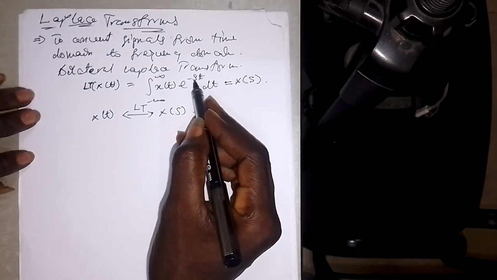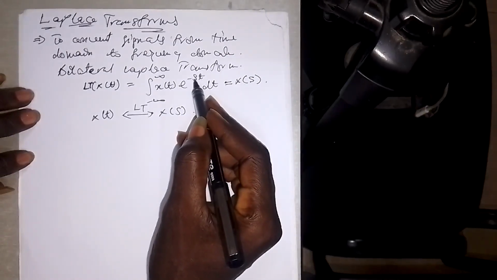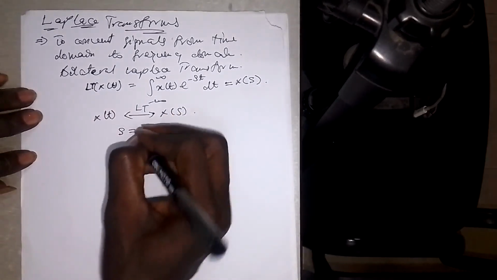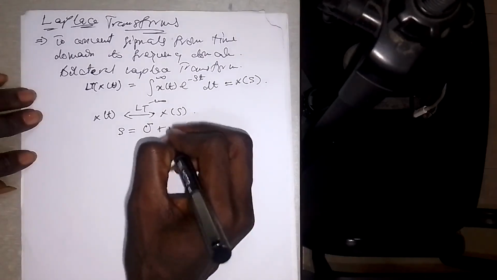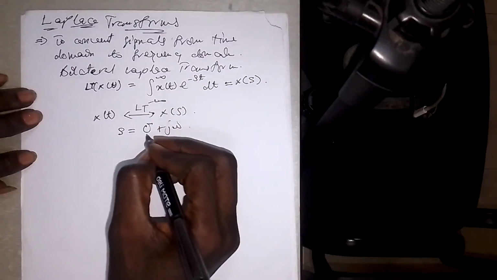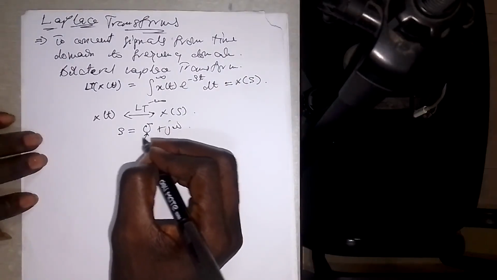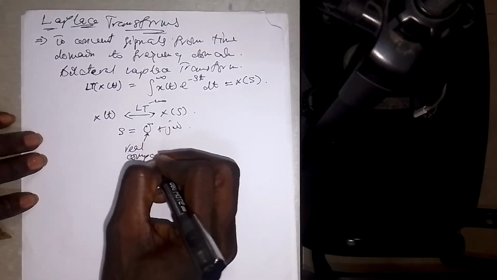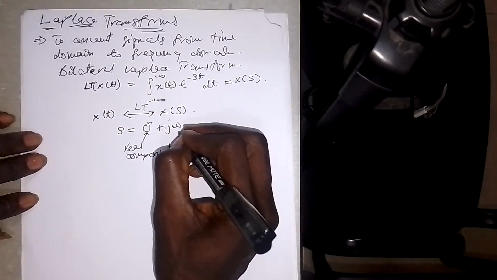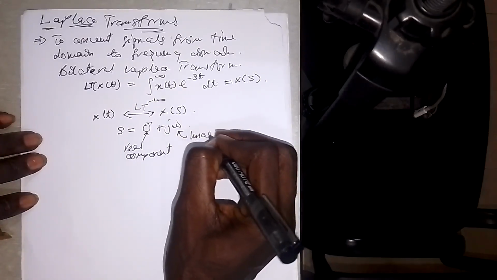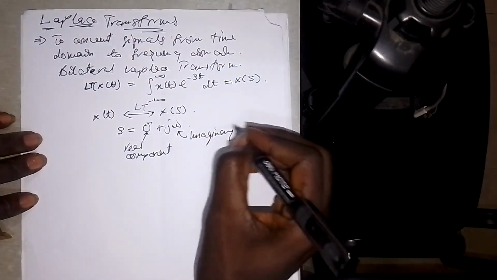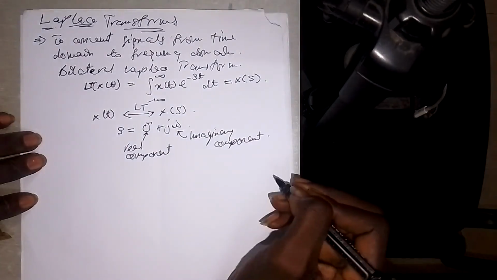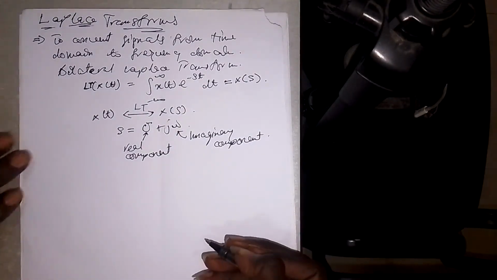Now this s is a complex variable: s equals sigma plus j omega. Sigma is the real component, and omega is the imaginary component.